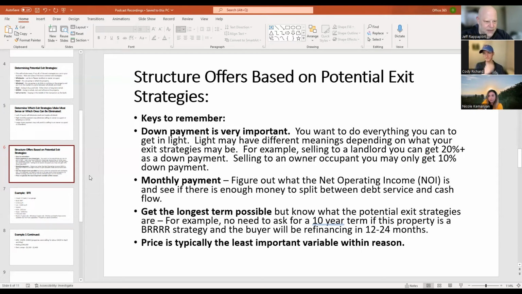So if they only had to put down 20%, it's still a deal for them. Or they might even be willing to put down 25 or 30% if the rest of the terms are really outstanding. I might be able to get 20% from my owner occupant.